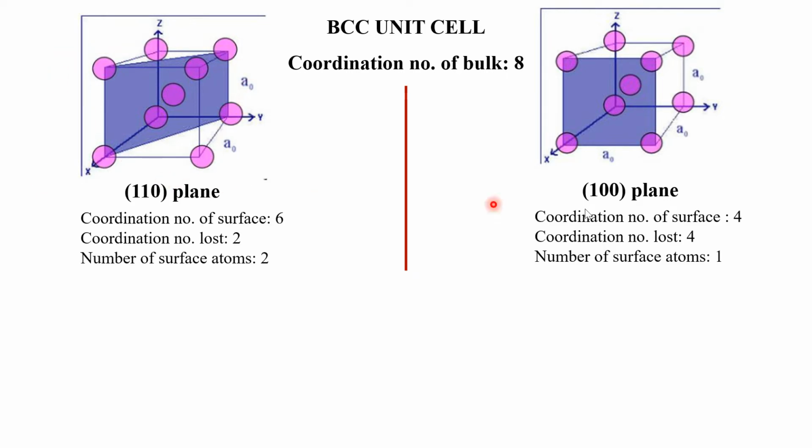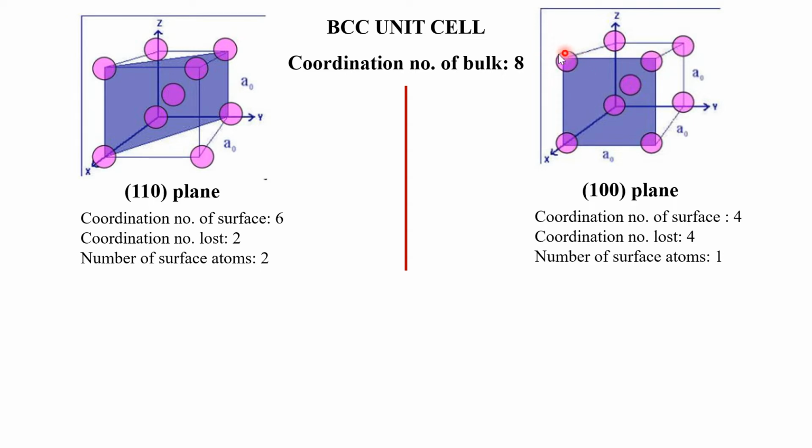So when we are considering these two planes, let us see their actual coordination. So the bulk coordination number we already know, it is 8, right? So this particular surface has another coordination number. How? See, if you are considering this particular atom, it is in contact with this atom. So here in this picture, it is not in contact, but in reality, the crystal will be in such a format that these atoms or these entities are in direct contact with each other.